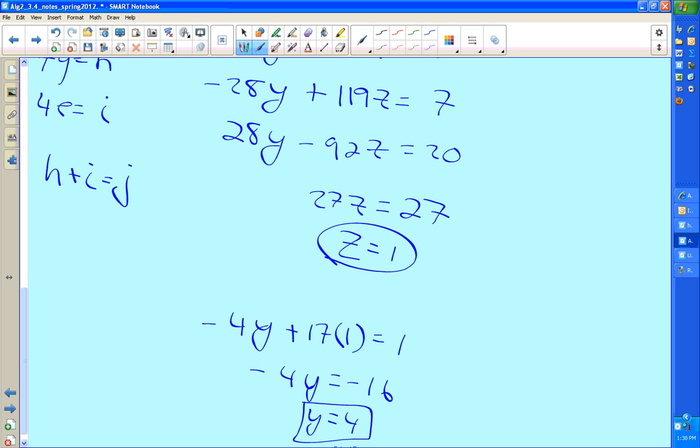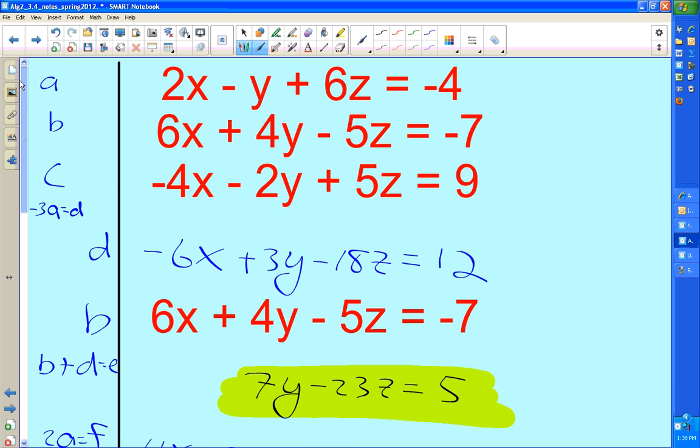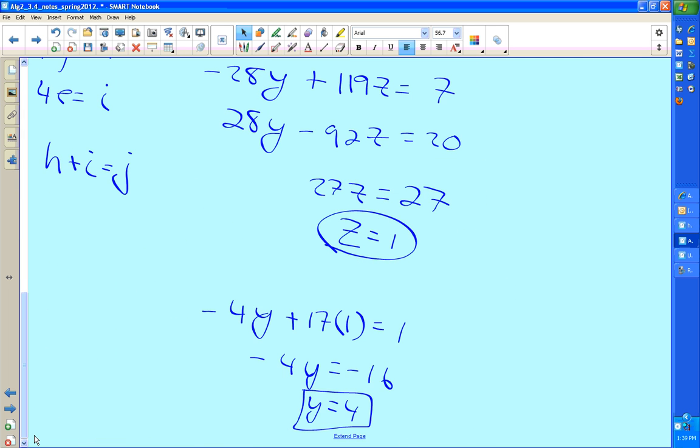Now I know what z is, and I know what y is. Where do I take those? One of the originals. So we can go back to A, B, C, doesn't matter which one. So A looks good. Put that back down at the bottom.